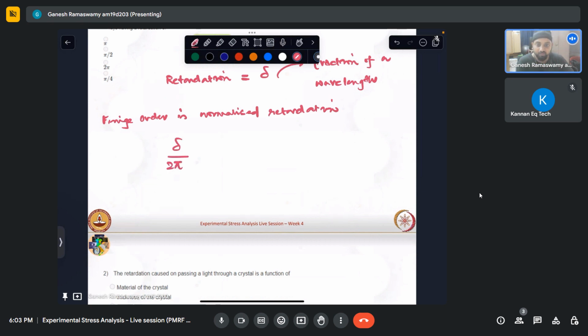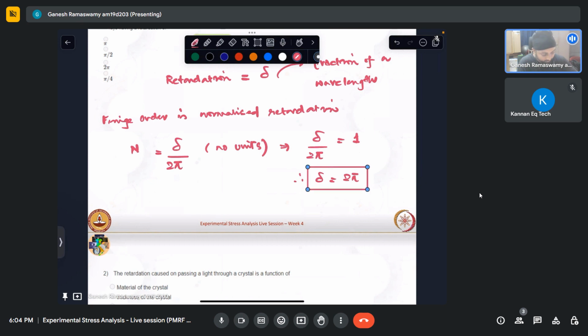When we normalize that, that is what we denote as fringe order, and it is a unitless quantity, no units. So this fringe order is given to be 1, that is delta by 2 pi is given to be 1. So therefore delta is 2 pi.